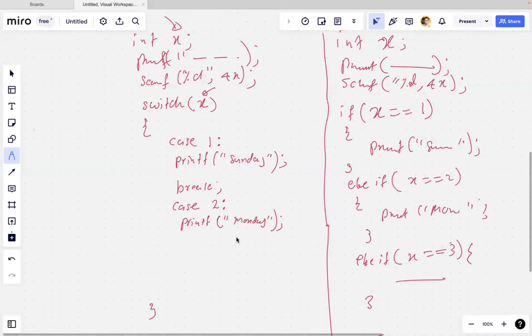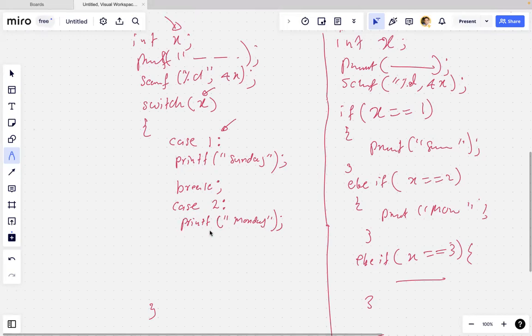Semicolon. Remember that here this is not a semicolon, this is just a colon. Case 2 colon. Here also colon. But at the end of the statement you have to end with the semicolon. Here semicolon, here semicolon.